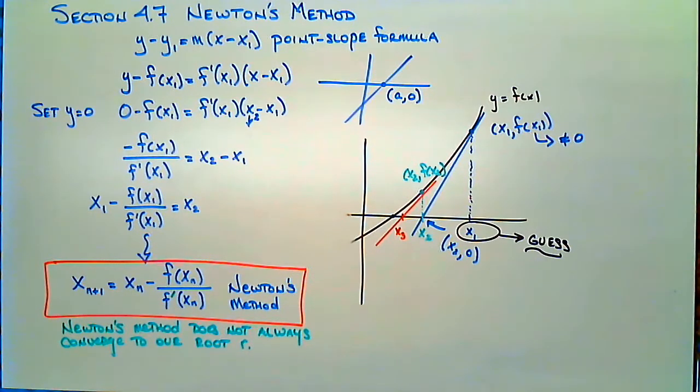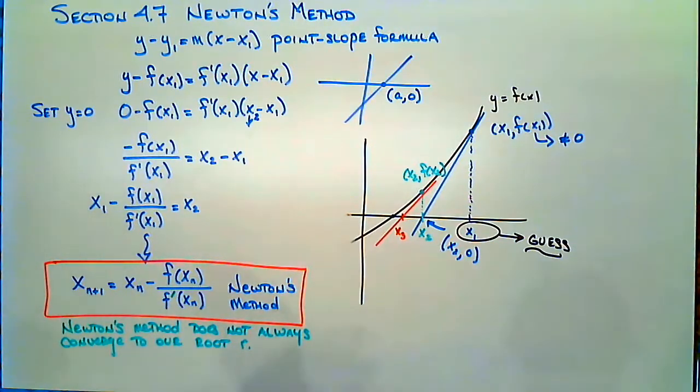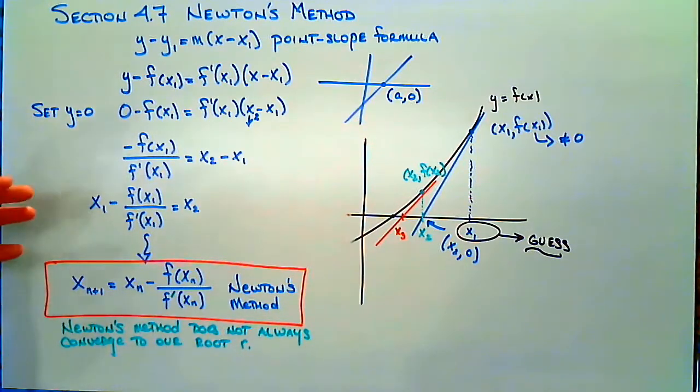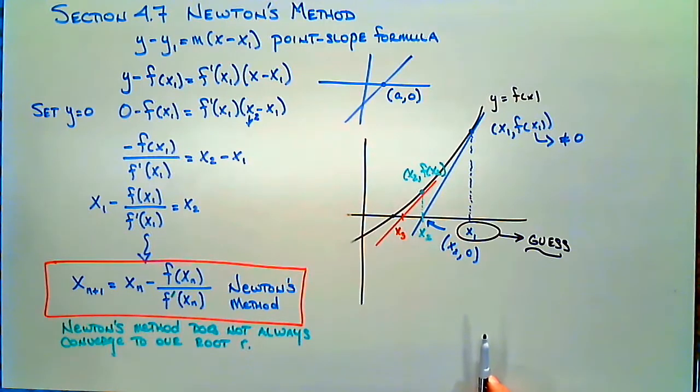And on an exam, we often tell you what to use for x of 1 because we would like your x of 2 to be the same as our x of 2 and your x of 3 to be the same as our x of 3, et cetera.